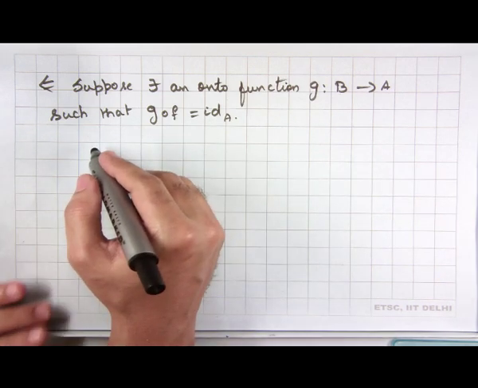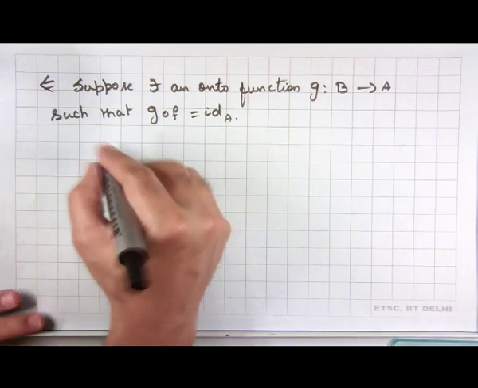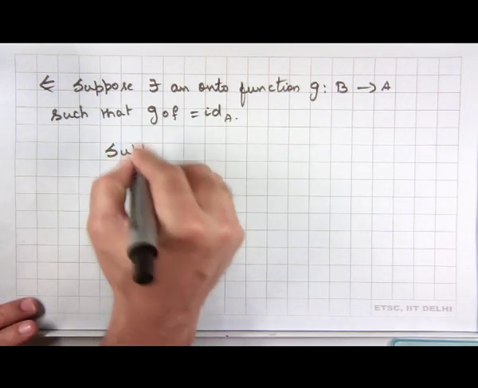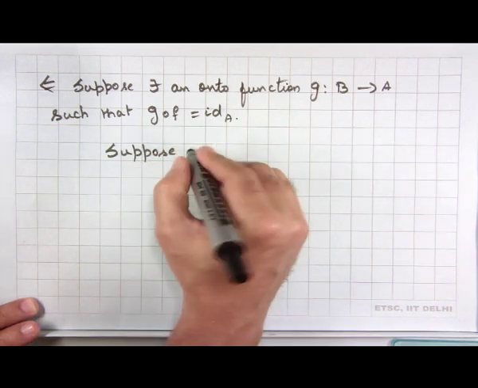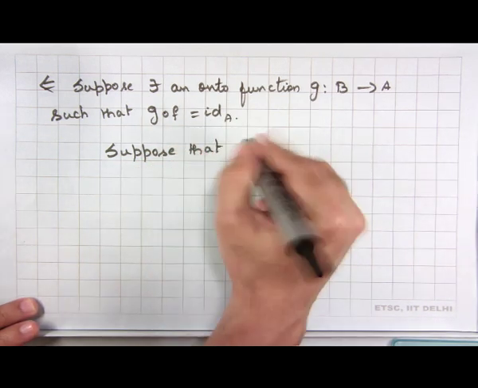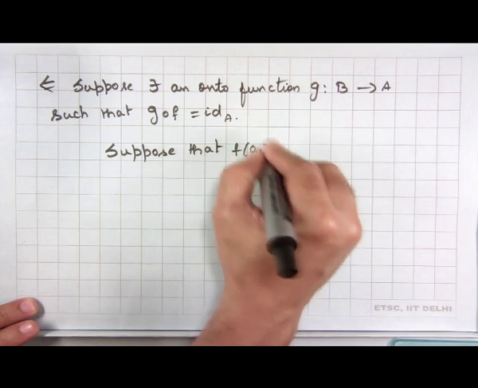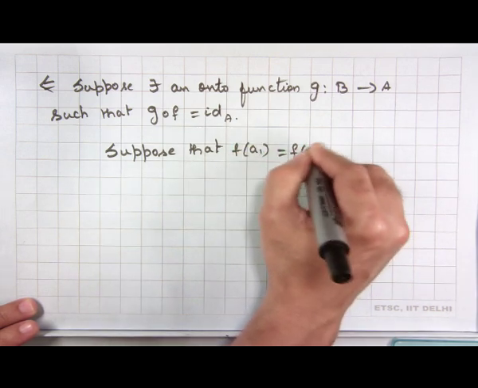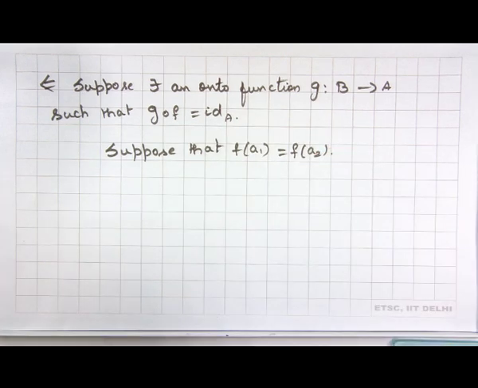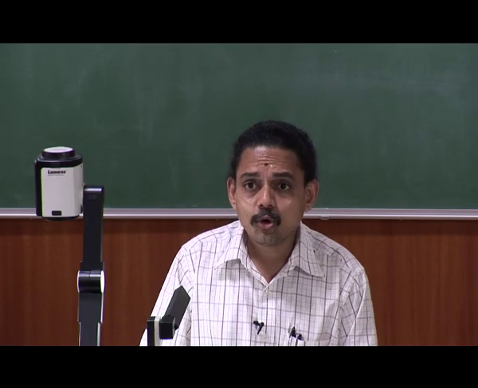Let us try to verify the definition. Suppose that f of A1 equal to f of A2. You are given that f of A1 equal to f of A2. What we will have to show is that A1 equal to A2.